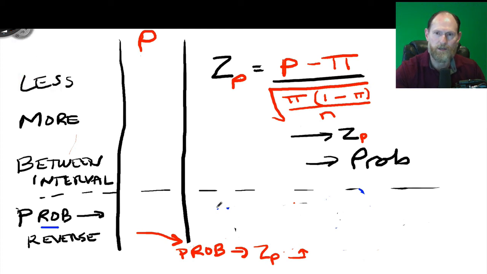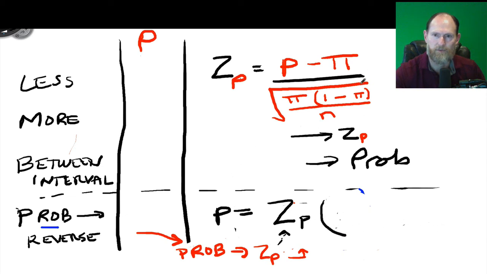So what we want is to know the value of P. So we're going to take that Z-score for P, which is that right there, and we're going to multiply it by this crazy thing right here. So I'm just going to clean this up a little bit.